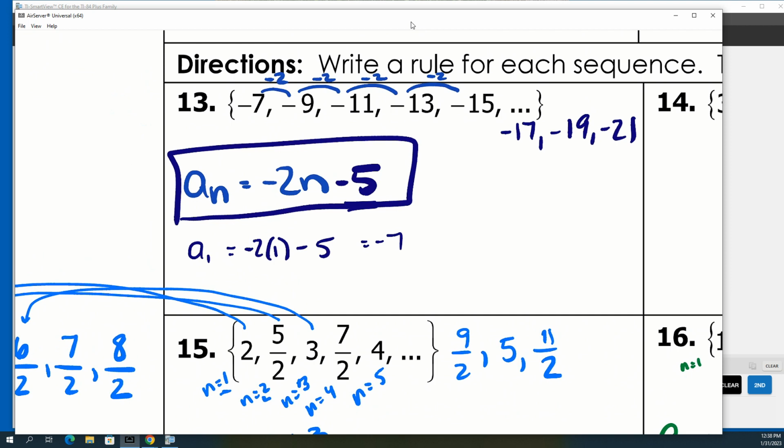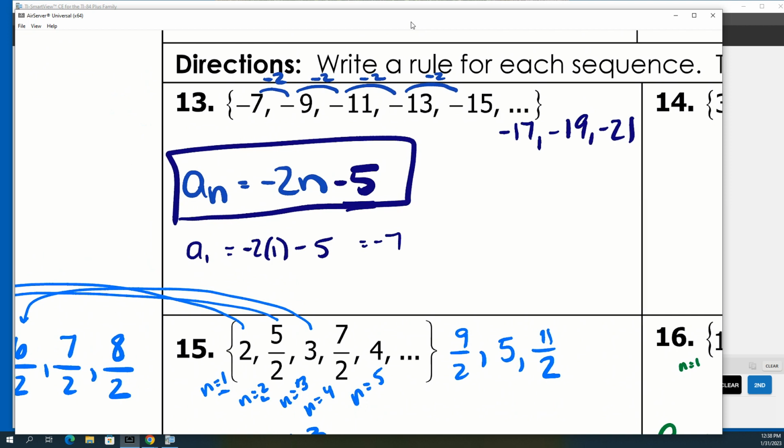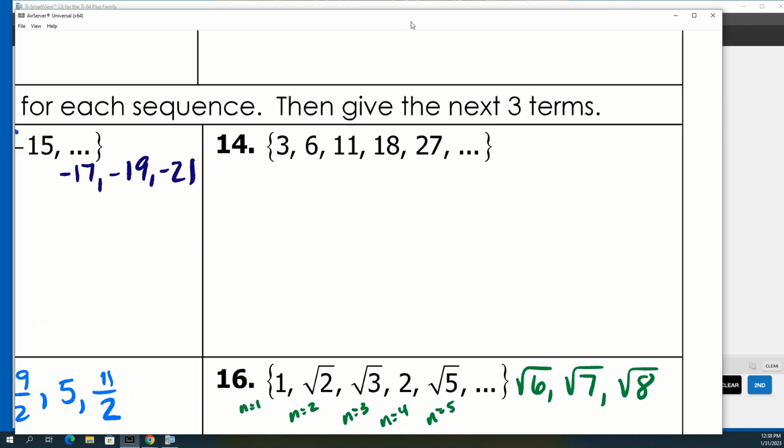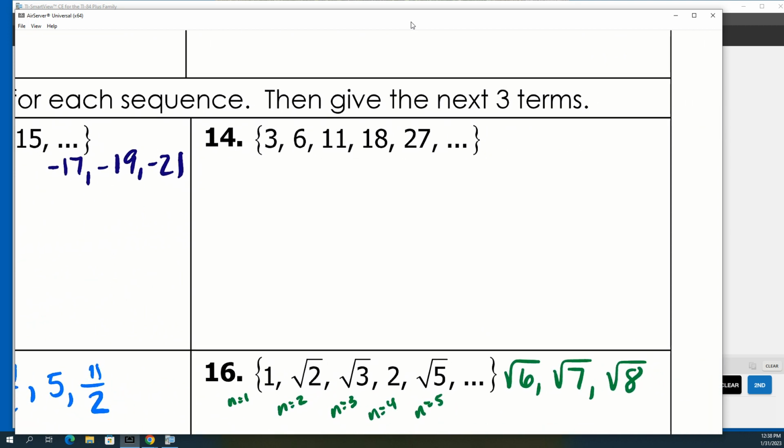All right, one more, and it's tough. If you figure this one out, I'll be pretty impressed. All right, this one, we're not adding the same thing each time. We're not multiplying by the same thing each time. So it's going to be like a completely different type of equation that we end up writing, different type of formula.